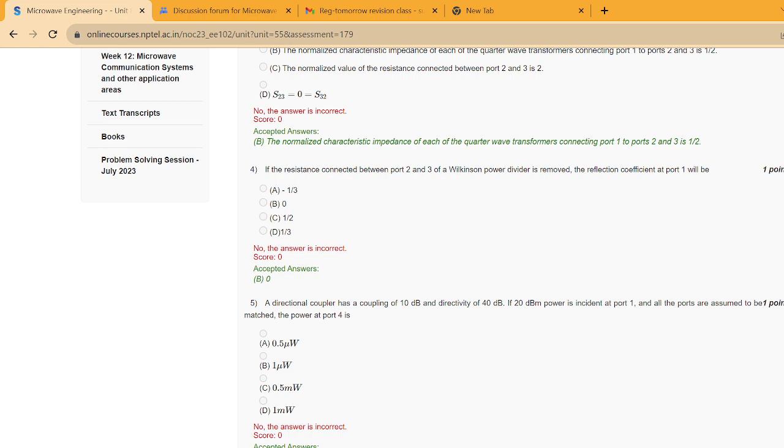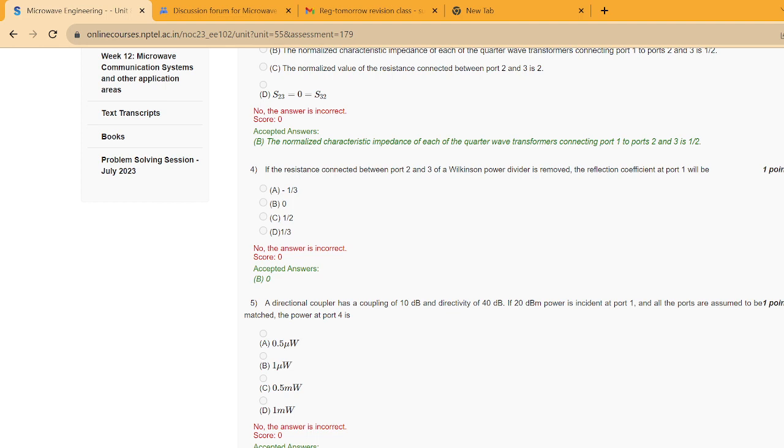Here you have port 1, there is a lambda by 4, another lambda by 4 line, and this is port 2, this is port 3, and between these two ports you connect a resistance that is 2 times Z0. Now the question is, if the resistance between port 2 and port 3 of a Wilkinson power divider is removed, what will be the reflection coefficient at port 1?